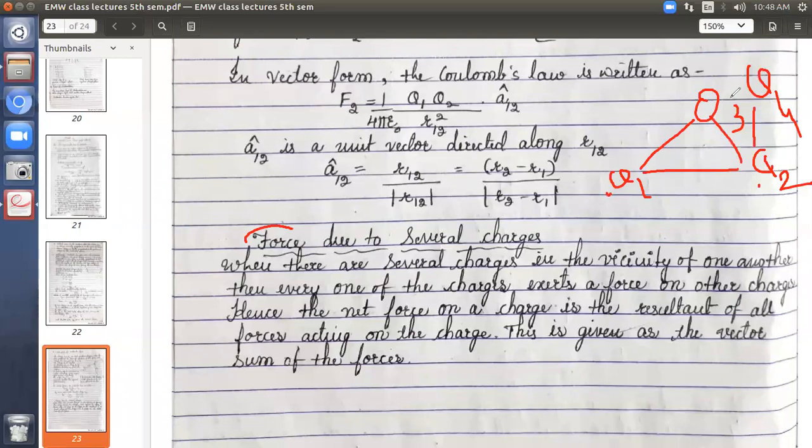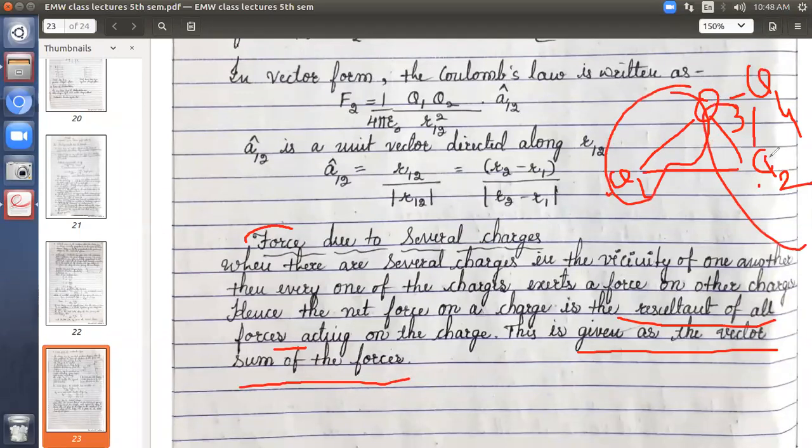Likewise, many forces exist between each pair. So the resultant of all these forces is what? It is just the vector sum of all the forces. You have to calculate the force between each pair of charges. After getting all forces, say F1, F2, F3, F4, you have to add all the forces to get the total force exerted.